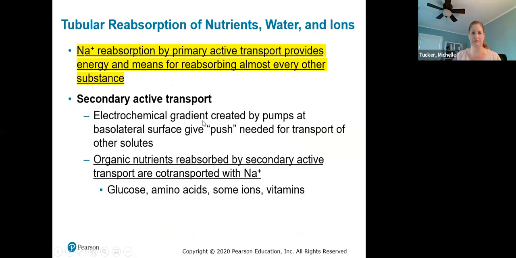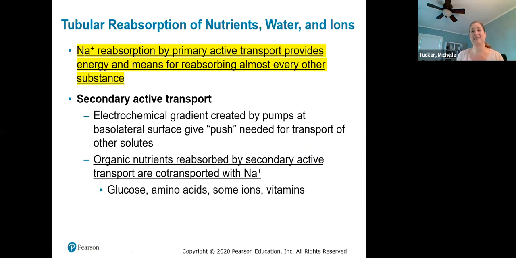Sodium reabsorption by primary active transport provides the energy and the means, meaning that gradient, for reabsorbing almost every other substance. When we taught you about the sodium potassium ATPase pump back in 1141, this is one of the reasons.